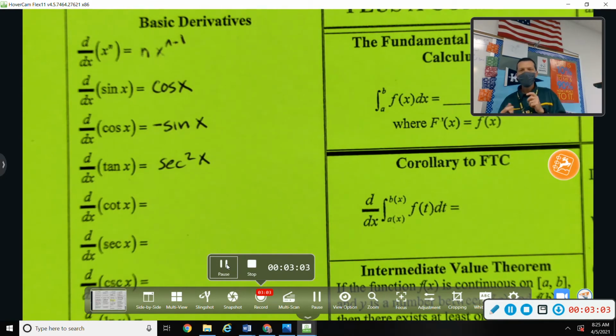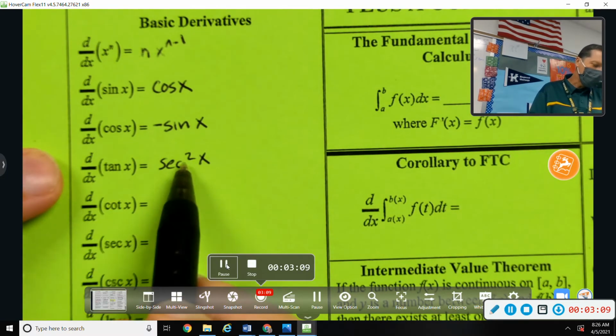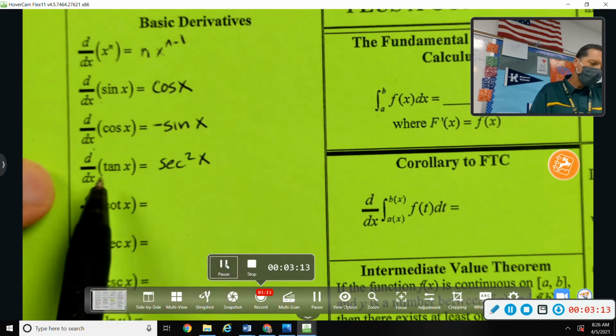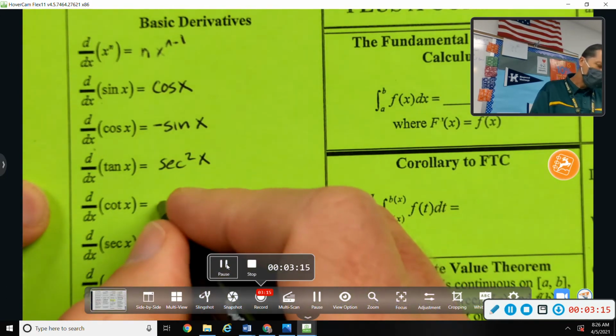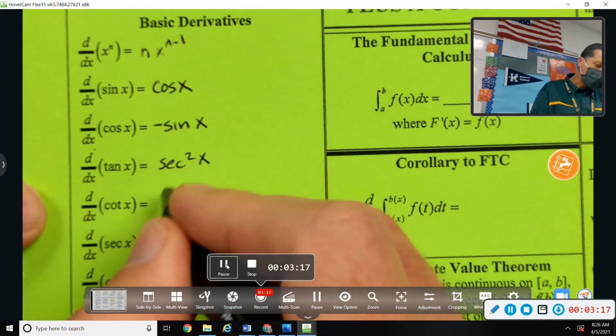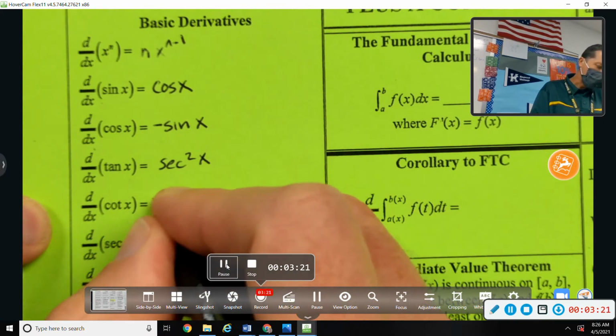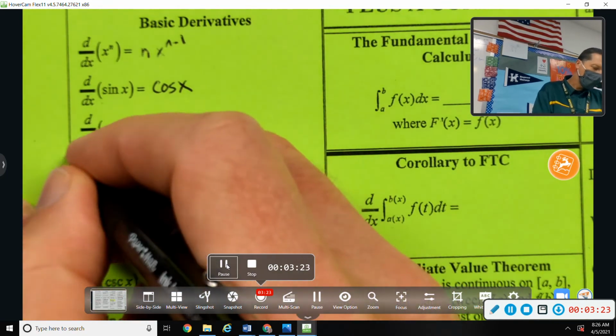Secant squared, tangent. Let's see. If tangent goes to sine, sine went to cosine, cosine went to negative sine. Tangent went to secant squared, so cotangent is going to go to cosecant squared with the negative. So those kind of go together.